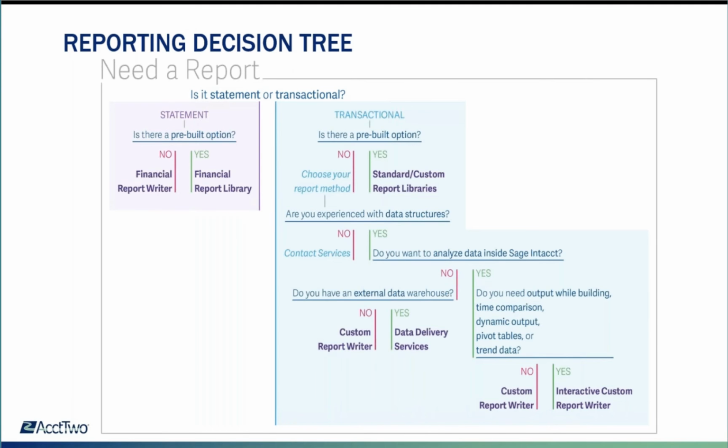Or you can have your partner assist you with this process. If you want transactional data, well, there are pre-built options such as the standard reports. They are pre-built to filter the input, and you get a predetermined output look and feel.